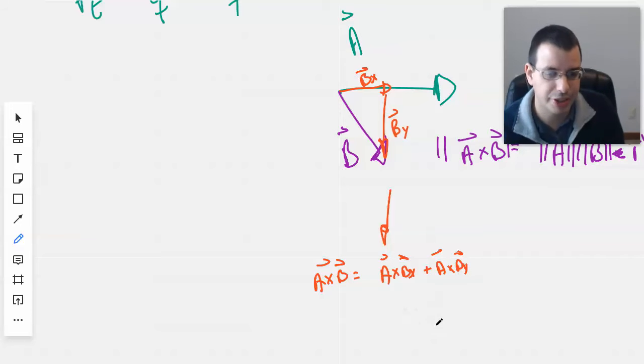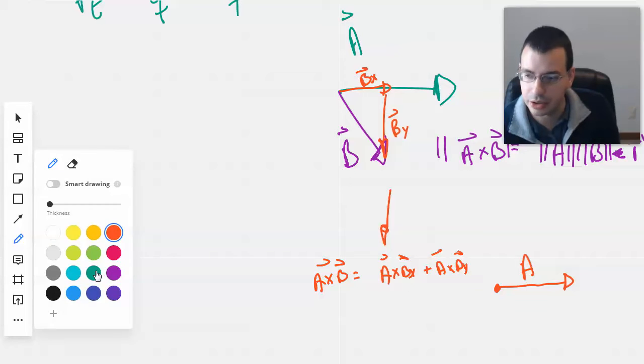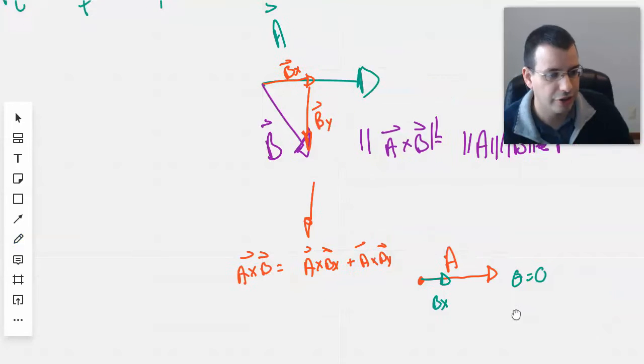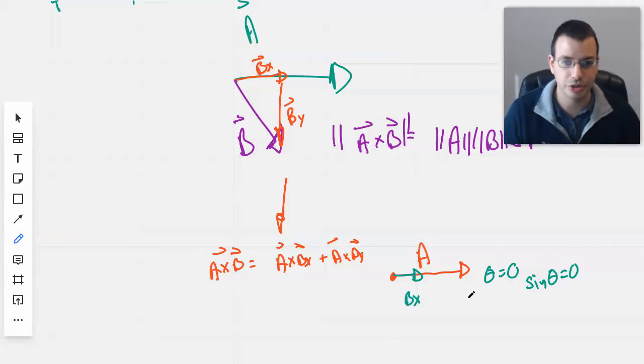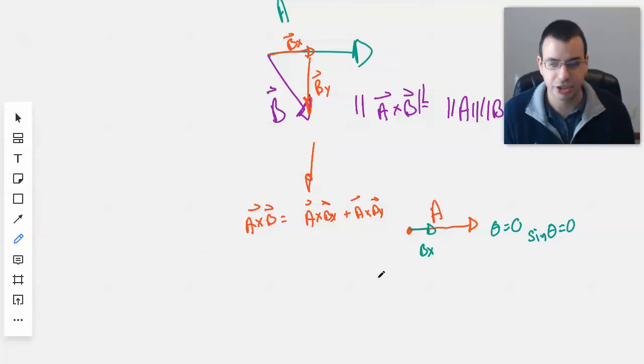What happens then is A cross Bx involves A, Bx, and the theta between the two will be 0. Therefore the sine of theta equals 0, and there will be 0 contribution from the parallel component in this cross product.